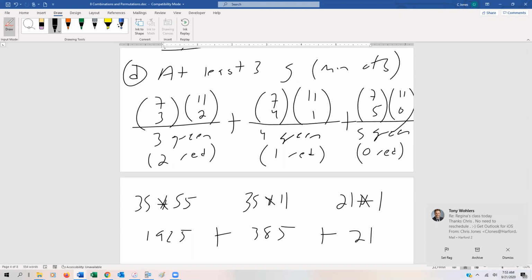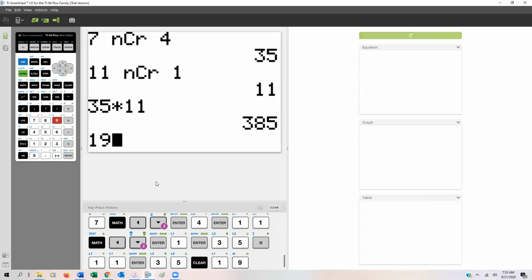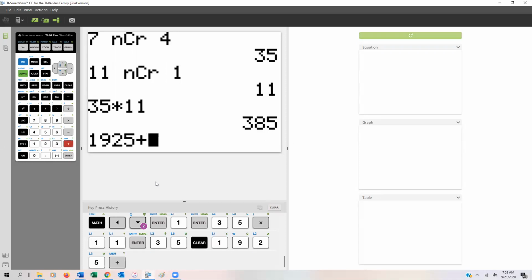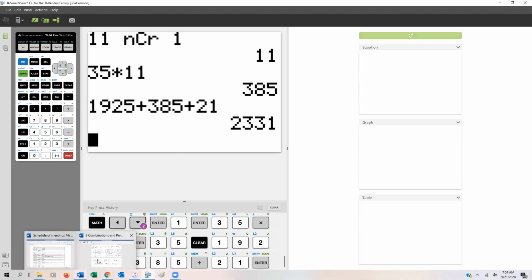All right, so we're going to go through and we're going to say 1925 plus 385 plus 21, and that's going to give us 2331. We add those together.